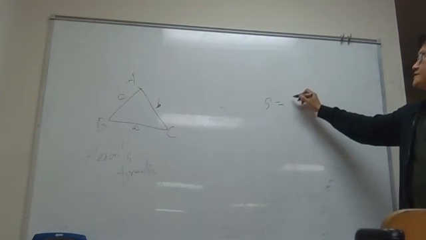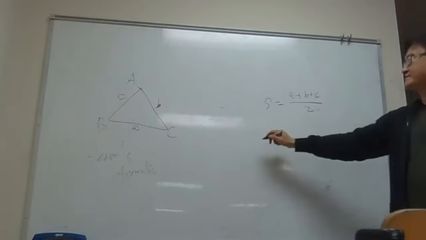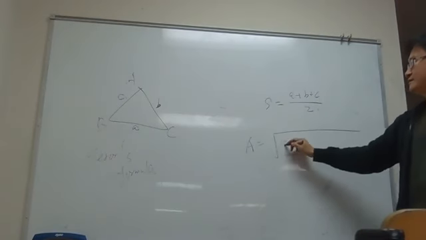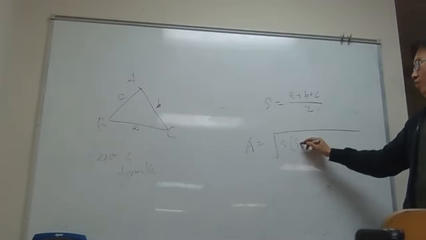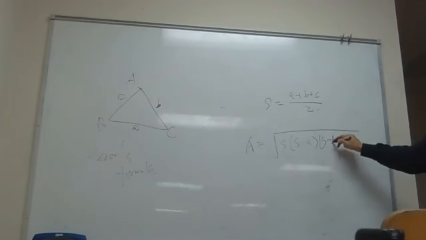But basically, if you set S to be A plus B plus C over 2, Heron's formula is the square root of S times S minus A times S minus B times S minus C, right.